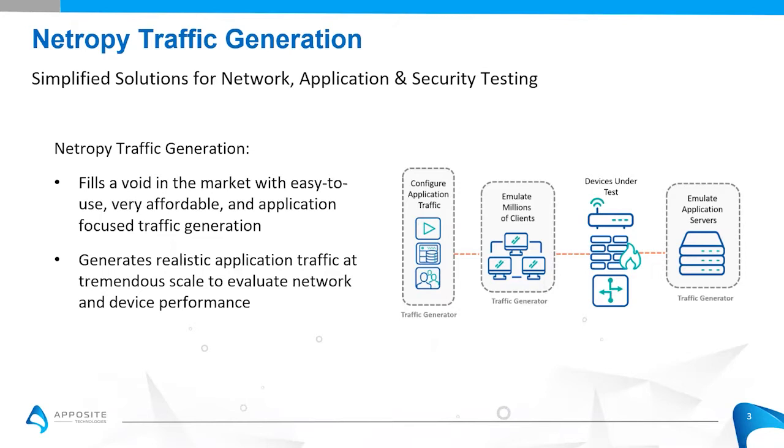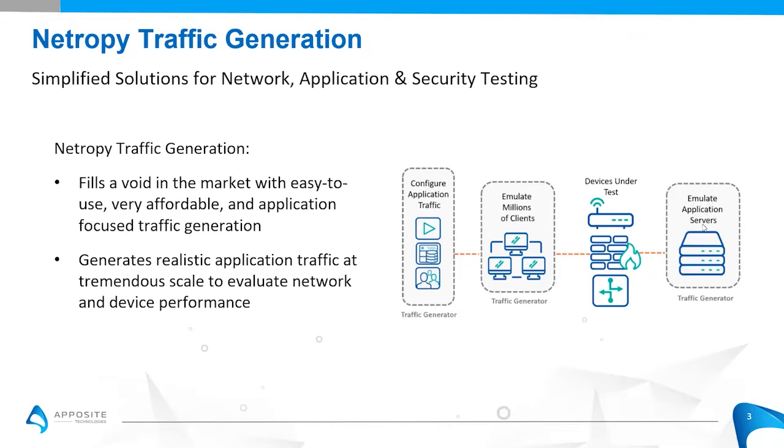So when we say client, that could be anything. It could be an iPhone or a computer or a tablet or some other server. And it's important to understand with the Netropy Traffic Generation solution, not only are we emulating traffic, we can also emulate different applications, as well as the opposite side of the traffic generation.